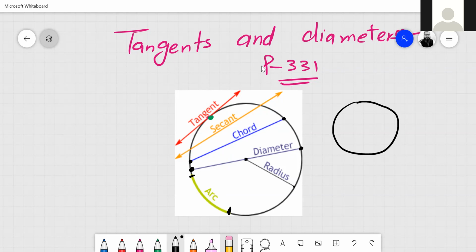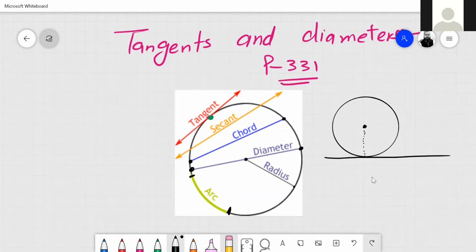For example, it is a circle and we draw a tangent here. This is the center O, and this is X. This is AB.